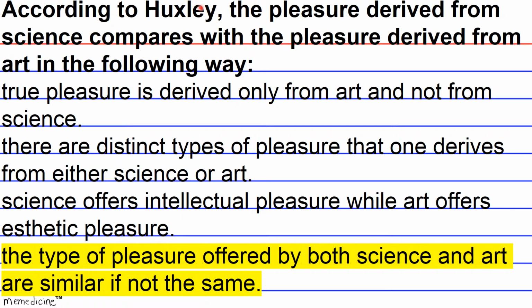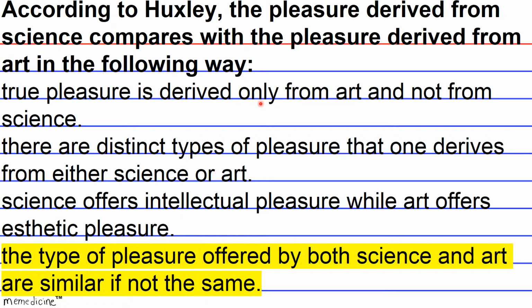This suggests a difference in how pleasure relates to goals, but not necessarily a difference in pleasure itself. Option 1, and that's like answer choice A, is incorrect because paragraph 2 states that science and art both invoke pleasure. Okay?